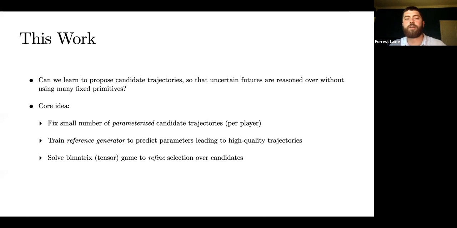So we could learn some function that generates proposal candidates, so that when we set up this game, we're only considering a 3x3 example instead of a 20x20 or a 400x400 or whatever it might take. And if the way that we propose these candidates is learned well, then we can actually do better than we would with a predefined set of primitive trajectories.